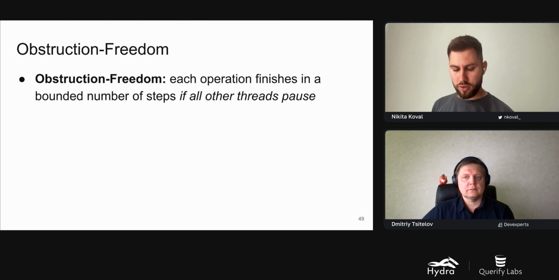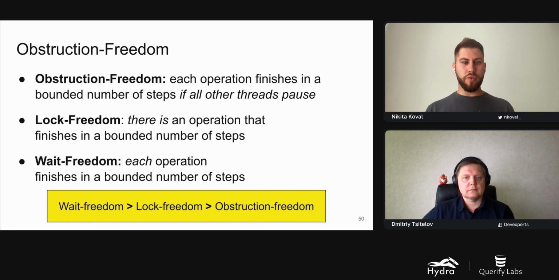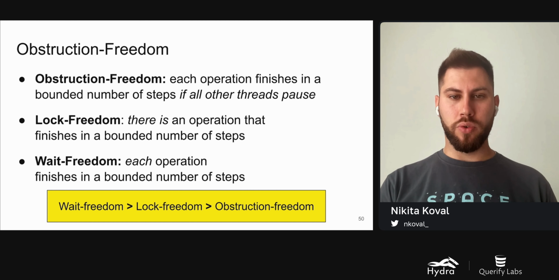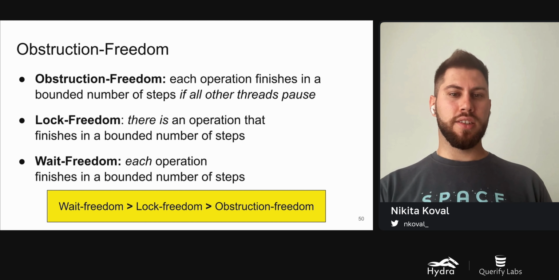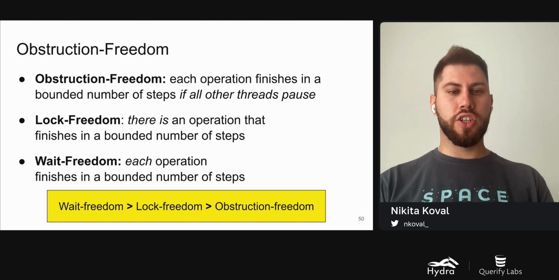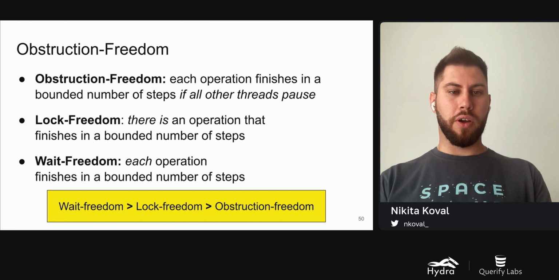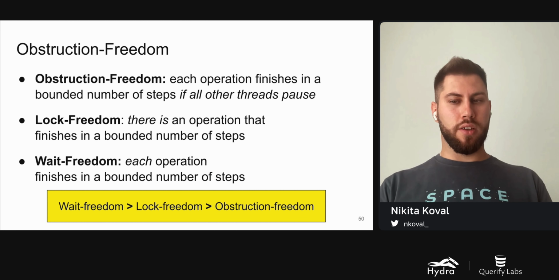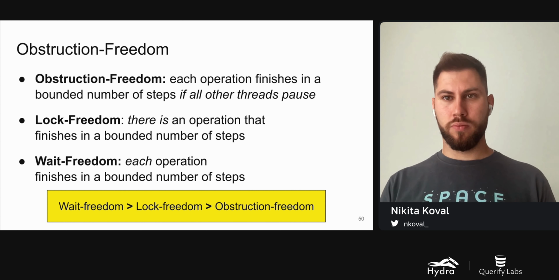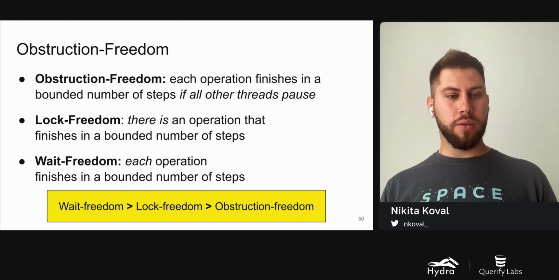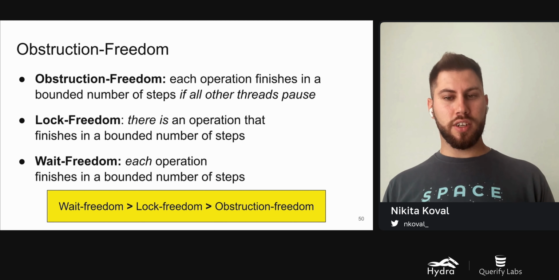But it's still possible that enq and deq interact in an unlucky way. So just to remind you, lock freedom guarantees that there exists an operation that finishes in a bounded number of steps independently of what other threads do. And wait freedom guarantees that each operation finishes in a bounded number of steps independently of what other threads do. Okay, so wait freedom is the strongest guarantee.